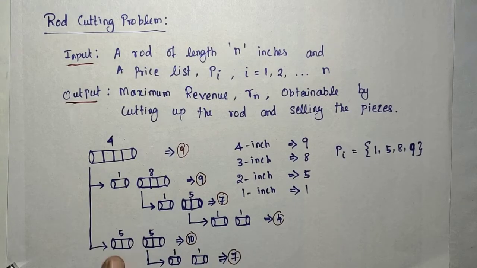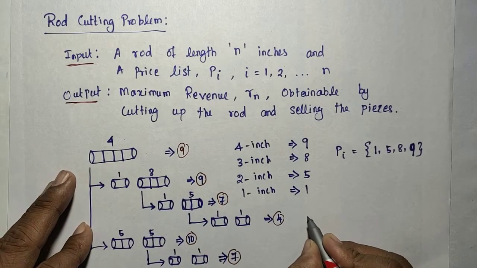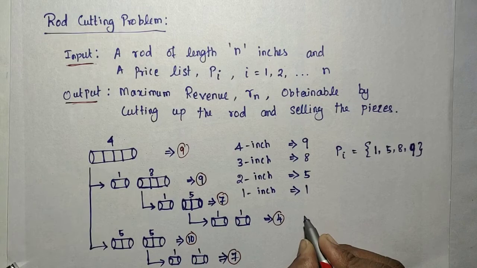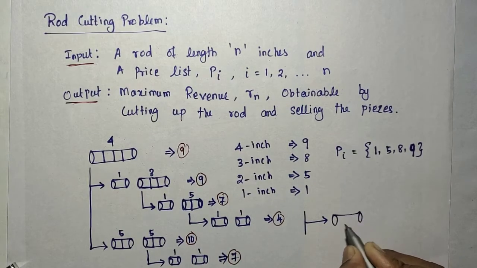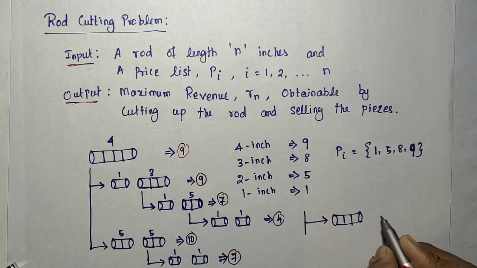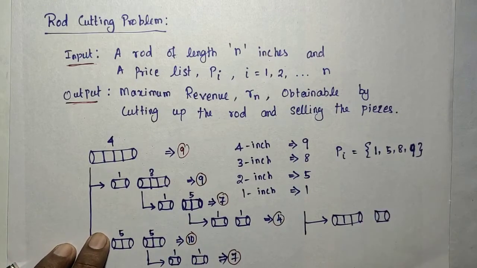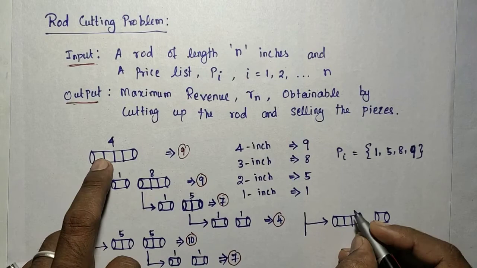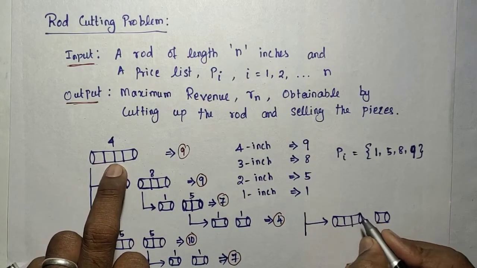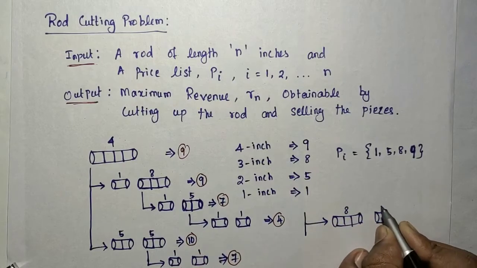And then next, we can make a cut on the third inch. So we can sell the 3-inch rod as it is as a single piece, and we can check the possibility on the second piece. So now the cut is made on the third inch. So that possibility is 3-inch rod as it is, 8, and 1-inch rod is 1.